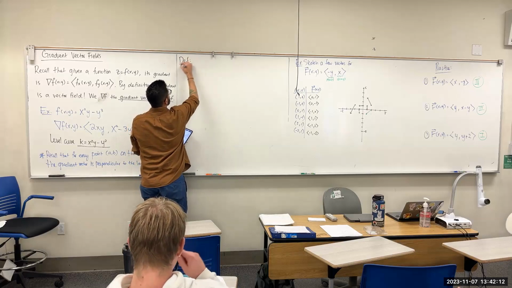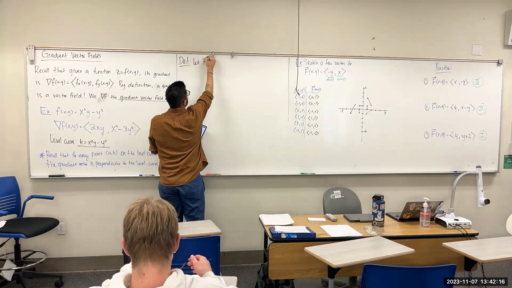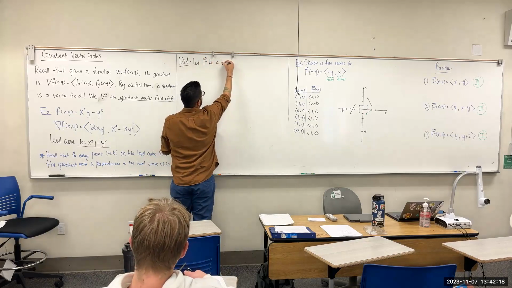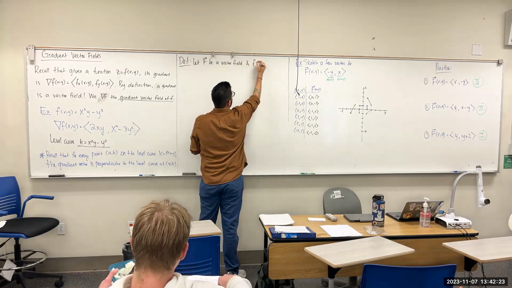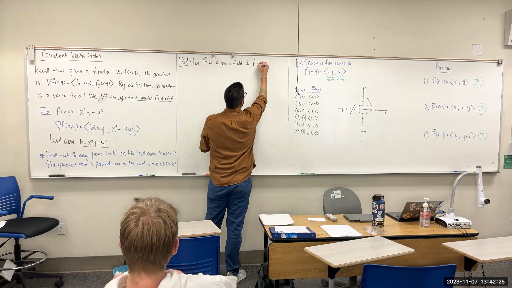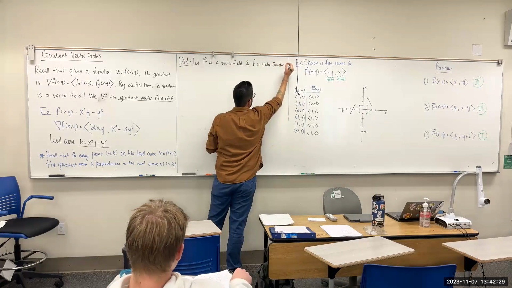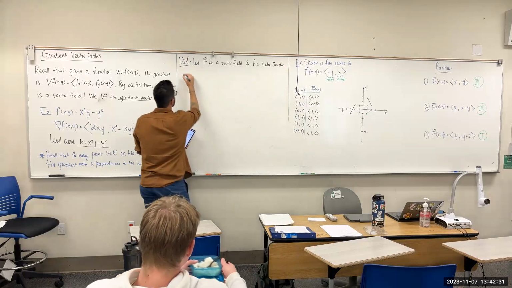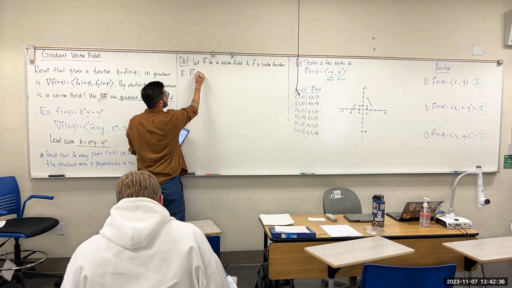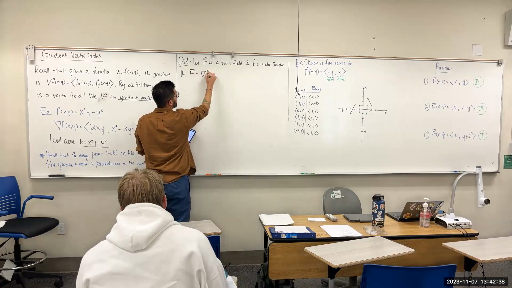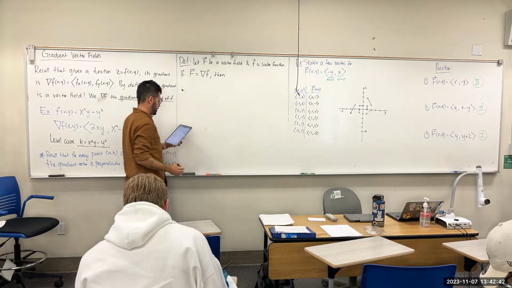Some definitions here. So let capital F be a vector field and little f a scalar function. If it turns out that this vector field F is the gradient of little f, then we have two things to say.